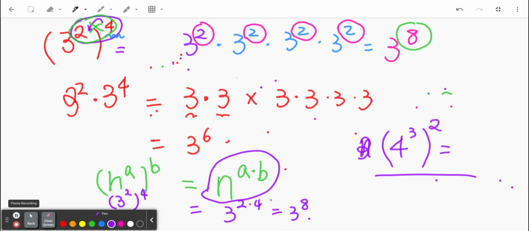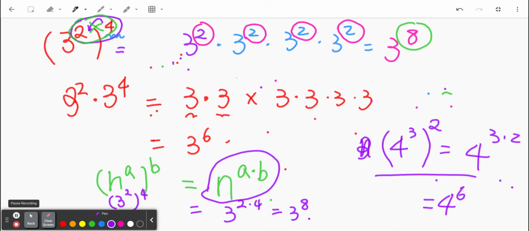So 4 to the power 3 to the 2 is equivalent to 4 to the power what? It's 4 to the power 3 times 2, which is 4 to the power what? Very good. So really, just by looking at it, you know what to do.